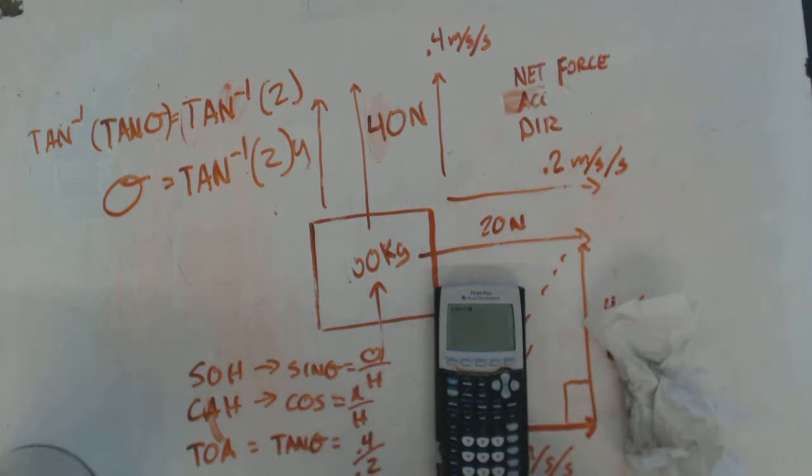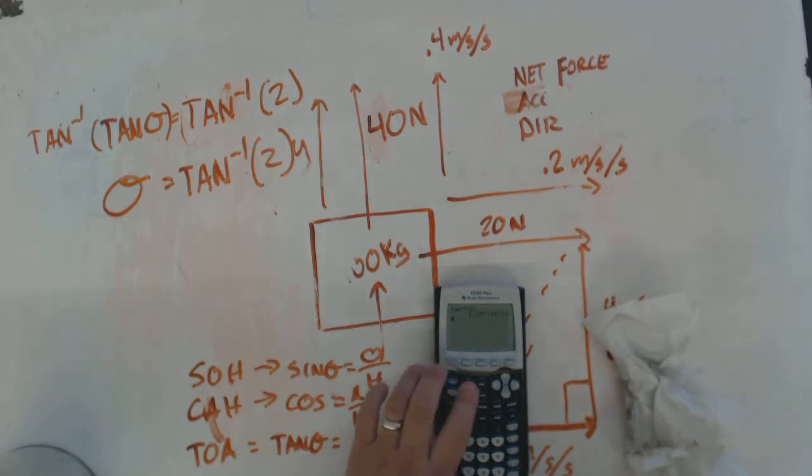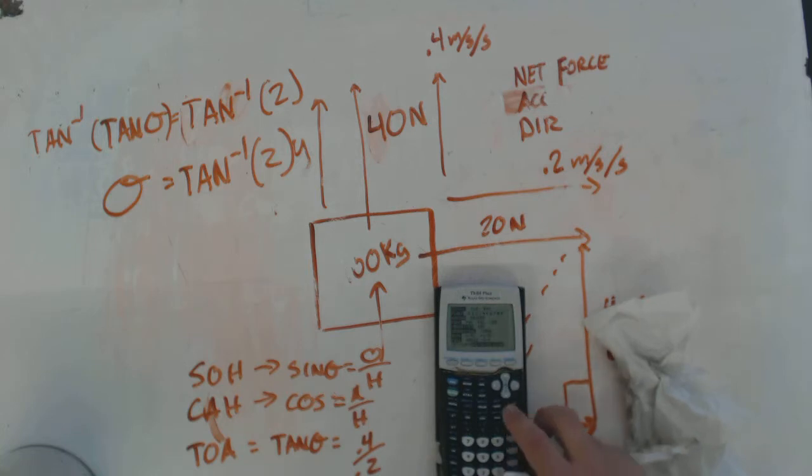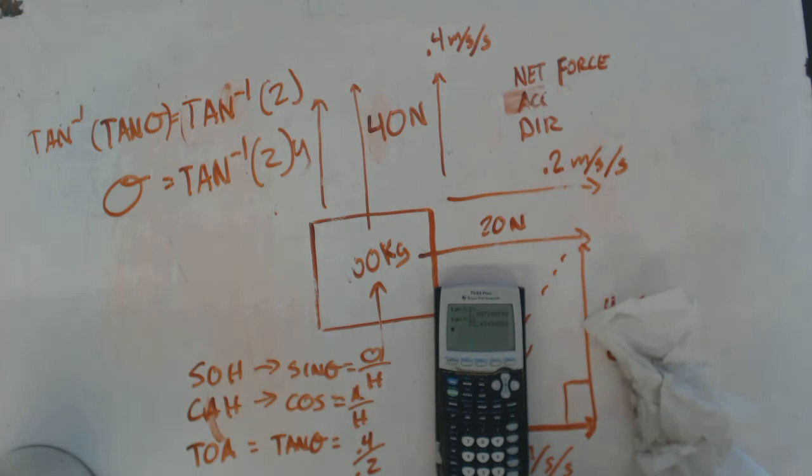Second tangent, and the result I have is 2. And from there I get 1.107. Now, that's giving me the answer in radians, and if I went back and did it in degrees and hit inverse tan of 2, I'm going to get about 63 degrees.